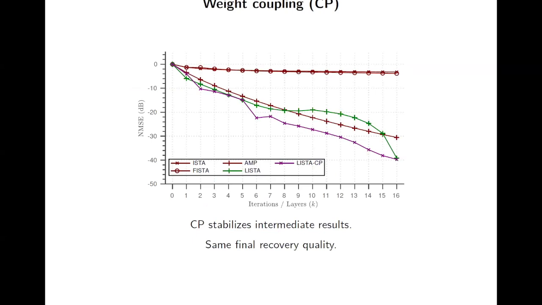With such a parameter reduction, there's no loss of performance. We can observe the two curves, LISTA and LISTA-CP, the weight coupling version, and at the last iterate they intersect.